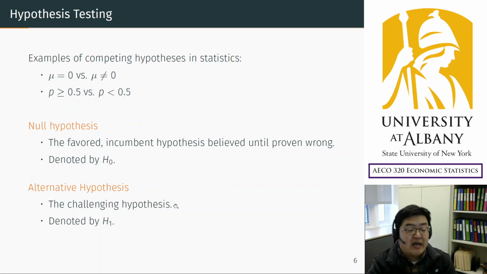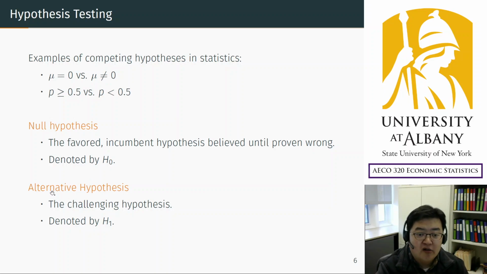In this chapter, the alternative hypothesis does not play much of a role. We will focus more on the null hypothesis. But later, we may put some structure on the alternative hypothesis, so it becomes more important in the following chapter. So in this chapter, we will primarily look at the null hypothesis only.